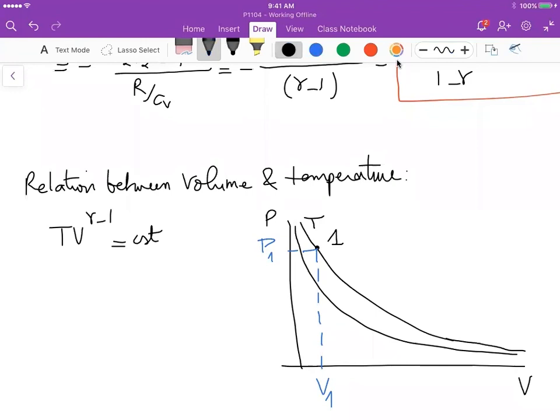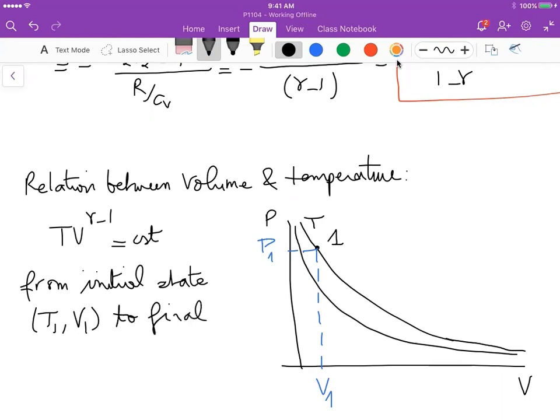Okay? So now we're going to make an experiment during which the ideal gas will undergo an adiabatic transformation process. And so we're going to have a transformation from the initial state, which is defined in terms of temperature and volume by T1 V1, to some final state, which is defined by the temperature T2 and the volume V2.